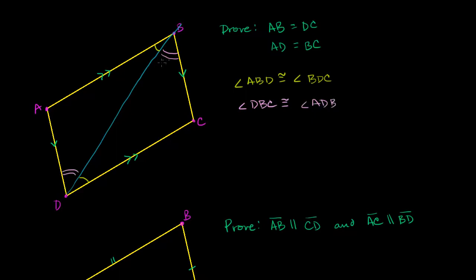They are alternate interior angles of a transversal intersecting these two parallel lines. So I could write this: alternate interior angles are congruent when you have a transversal intersecting two parallel lines.